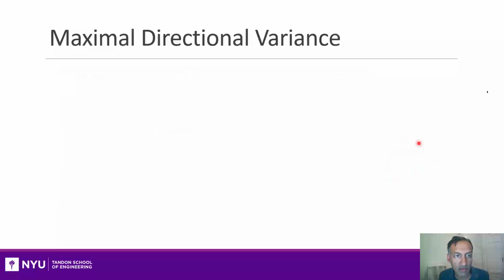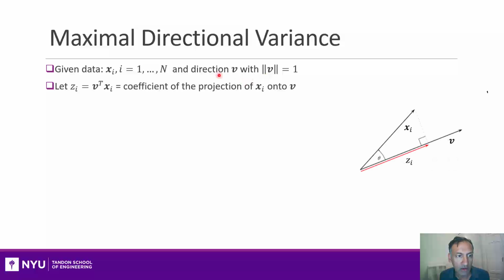Now, the idea in principal component analysis comes from trying to maximize what you would call the directional variance. Let me describe it like this. We have our n data records, and let's say I think about some candidate direction, v. Without loss of generality, we can say that that direction is unit magnitude. In this case, let zi be the coefficient of xi projected onto v.